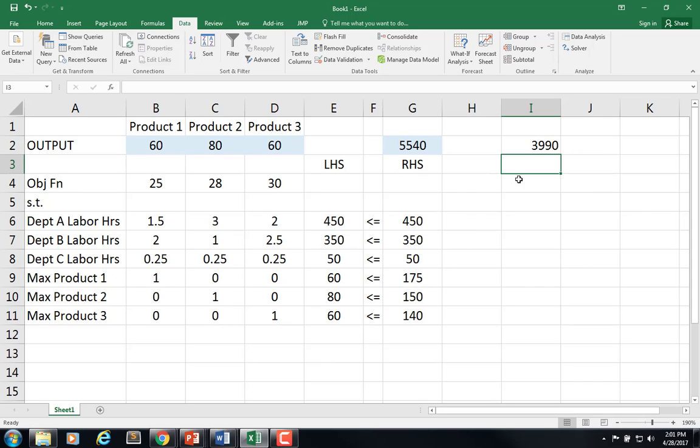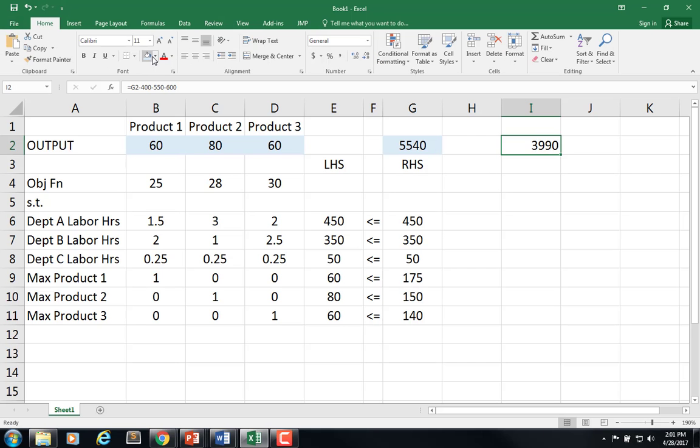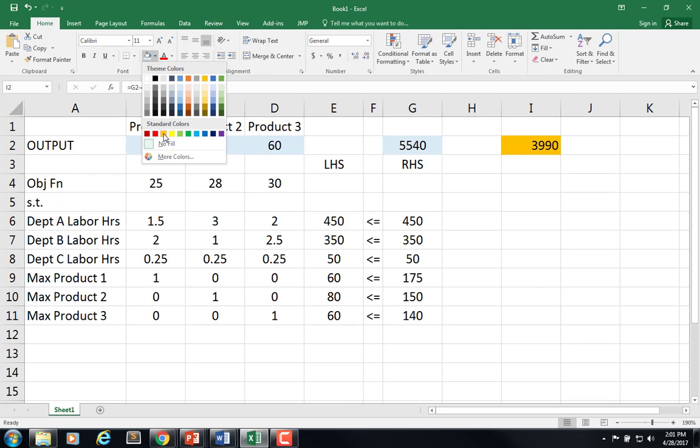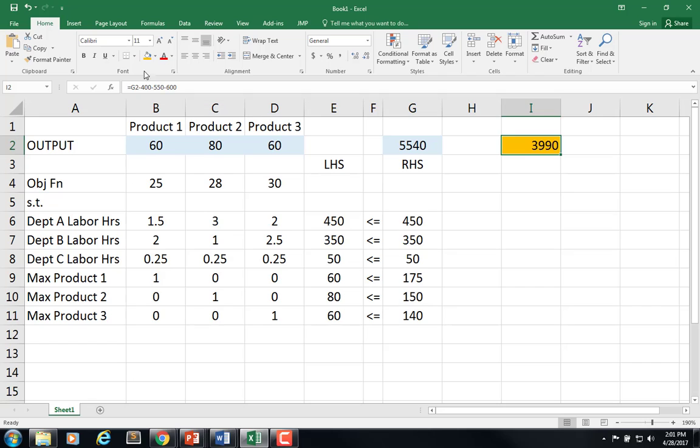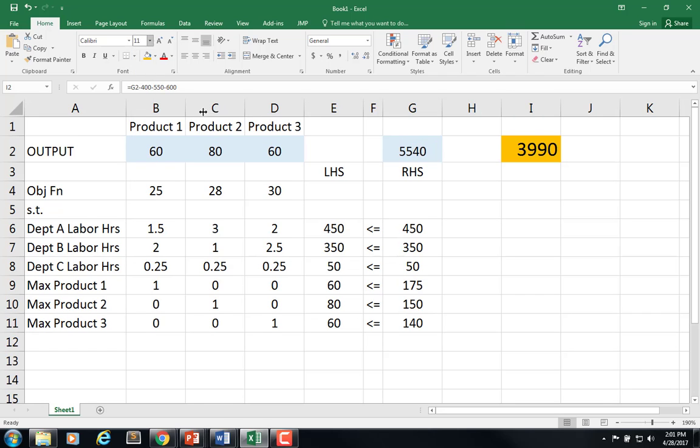So our real profit here is, let's do orange, why not? And make it bigger. Bam. Our real profit is $3,990.